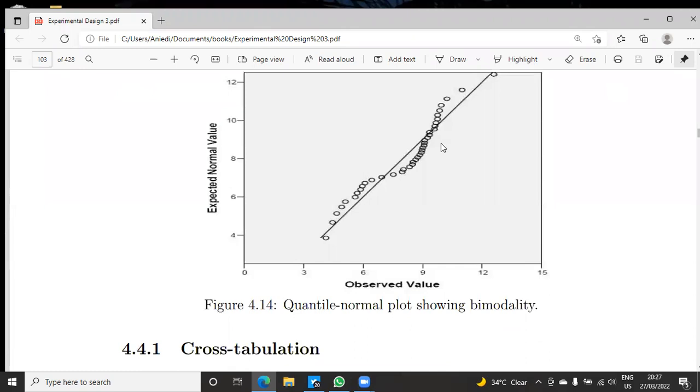Yesterday we talked about the quantile plots, and this is a typical example.